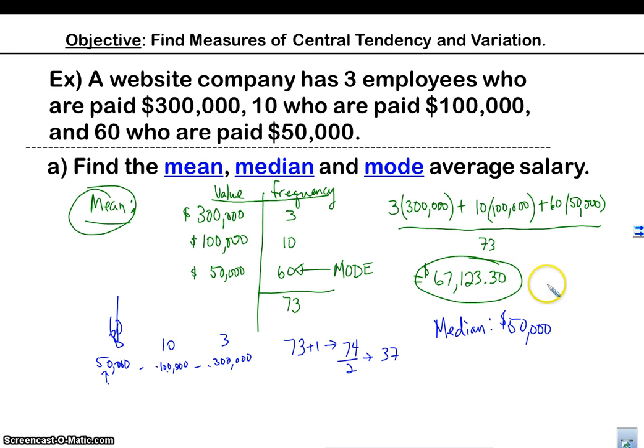I mean, it's a little bit skewed, right? Because we're thinking, wait a minute, our average might be high, 67,000, but that's because we've got these people here, really not a lot of them, that make a lot of money, which is pulling our average higher. When in reality, most people make around $50,000. Okay, so that's the mean, median, and mode.